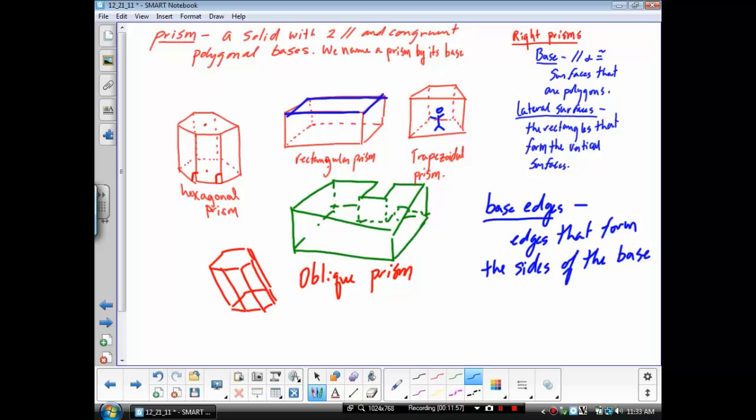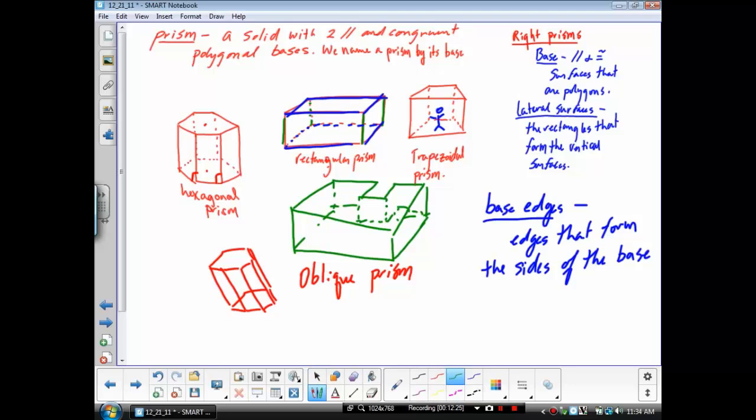And then there are lateral edges. The lateral edges are the vertical edges. The lateral edges of this same figure are only these edges right here. They are the edges that are vertical. Okay? So the base edges would include the edges of each base. The base edges are blue. The lateral edges are green.